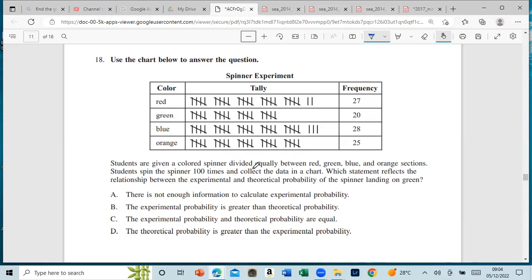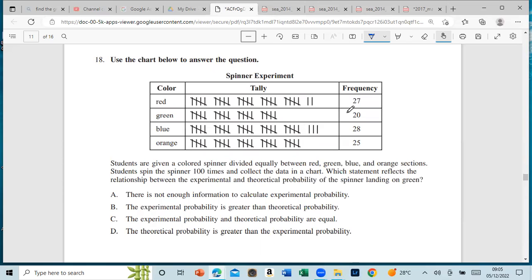Students spin the spinner 100 times and collect the data in the chart. Which statement reflects the relationship between the experimental and the theoretical probability of the spinner landing on green?